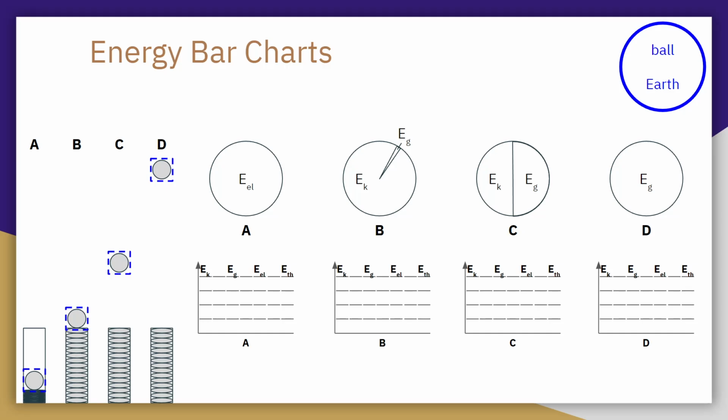Focusing on our system, we have our ball and our Earth. The spring is external to our system, so we're going to discount that from how energy is stored within the system. At location A, no part of our system is moving, so there's 0 kinetic energy. At location A, the ball is at its lowest height, so we have 0 gravitational potential energy.